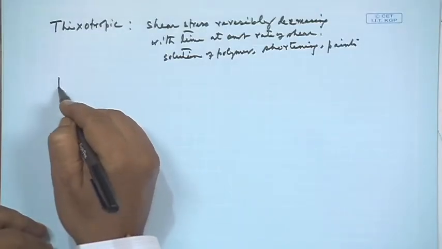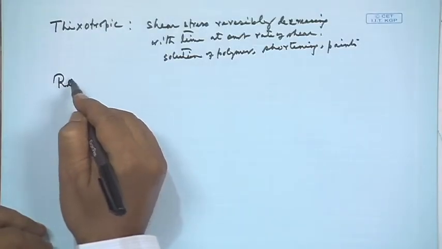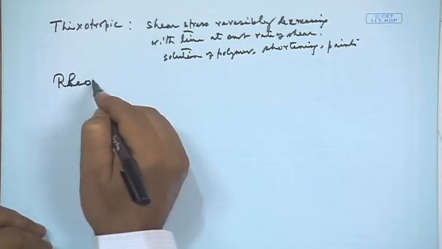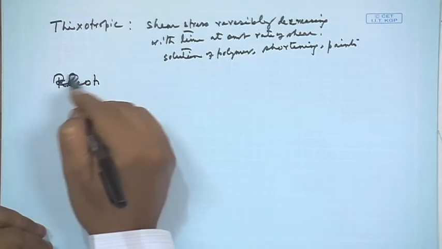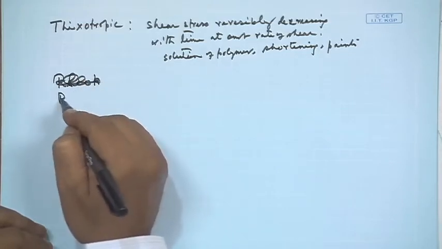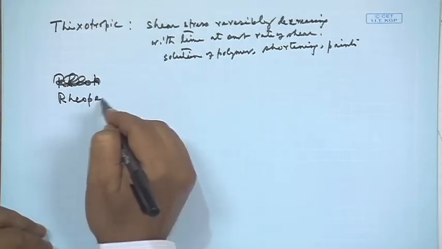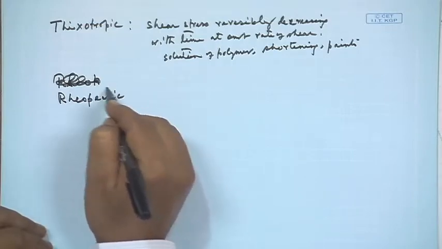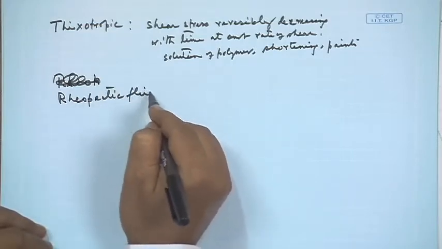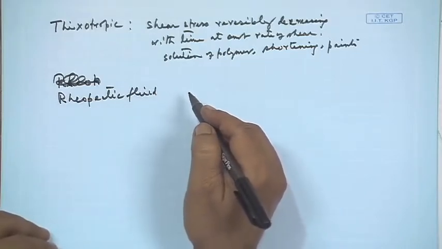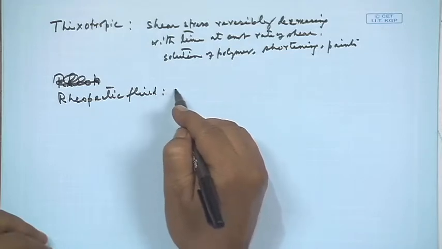So, another type, thixotropic and rheotropic, not rheotropic, this is called rheopectic, RHEOPECTIC, rheopectic fluids. And these are also quite rare.